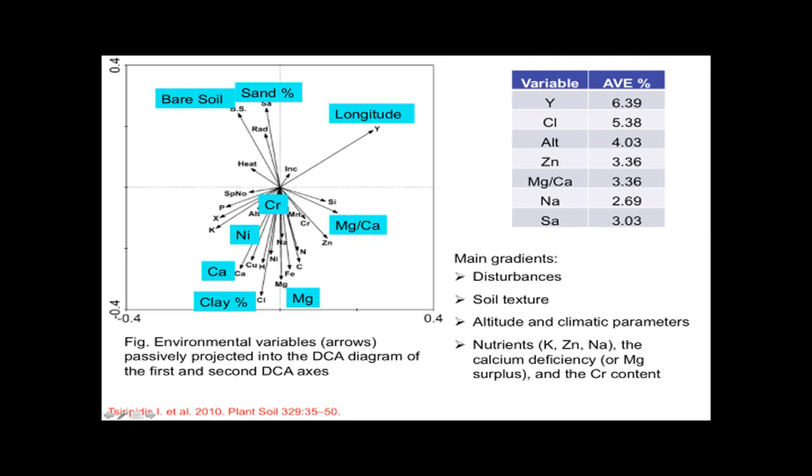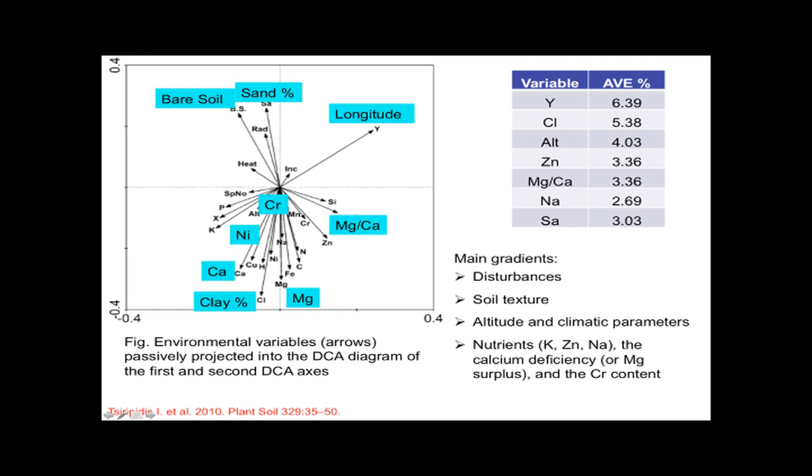It is uniquely responsible for this percentage. That's why we found magnesium to calcium ratio as a significant variable in CCA. And then we have sodium and sand percentage in the soil. Our conclusions are that the main gradient responsible for vegetation differentiation is disturbance, the most important, then soil texture, then altitude and climatic differentiation, and then the nutrients.